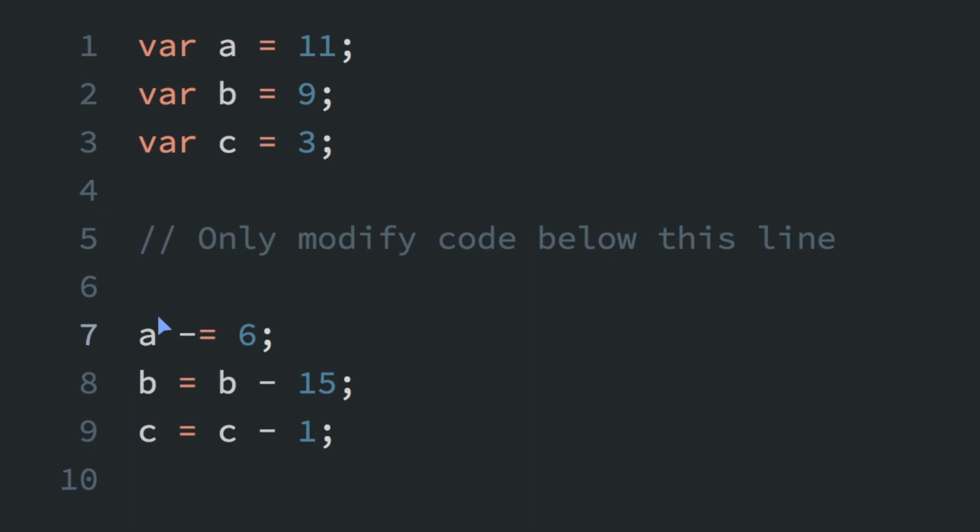This is just a shortcut that JavaScript has that means the same thing. That means a equals a minus 6, but it's just shortened. Same here. So we can do minus equals 15. C equals C minus 1. We can do C minus equals 1. So it just subtracts the number from the original value and then assigns that new value to the variable.